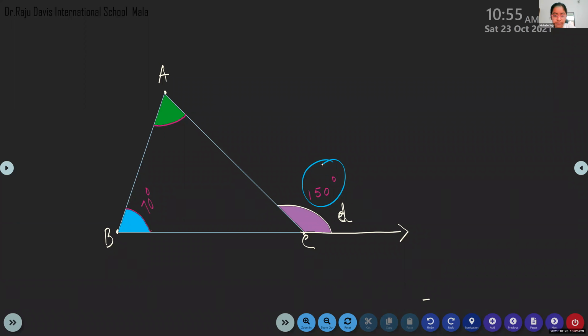So what is the answer? What will be angle A? That is my question. This angle is 150 and we said that the exterior angle is equal to the sum of opposite interior angles. And we know where the opposite interior angles are, no? So what will be angle A? Let her think and let her answer.